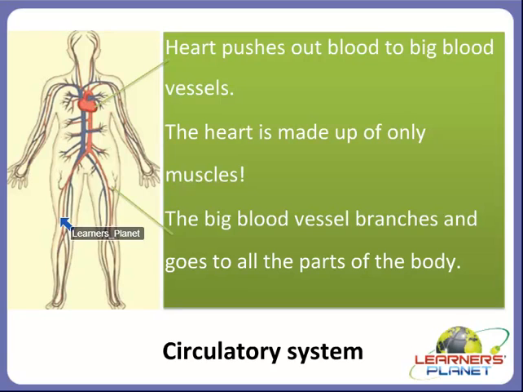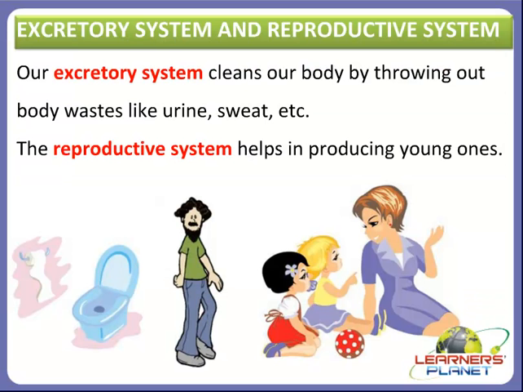This is our circulatory system. The heart pushes out the blood to blood vessels, and the blood vessels branch more and more and go to all parts of our body. So the heart is a very important organ of our body. I hope you are clear with the circulatory system, right?